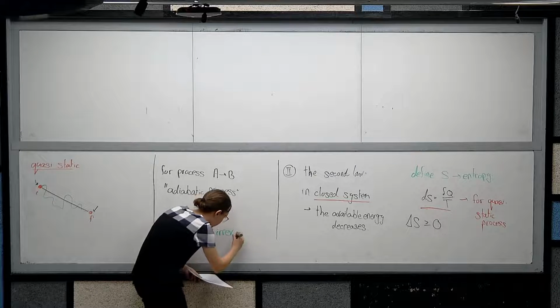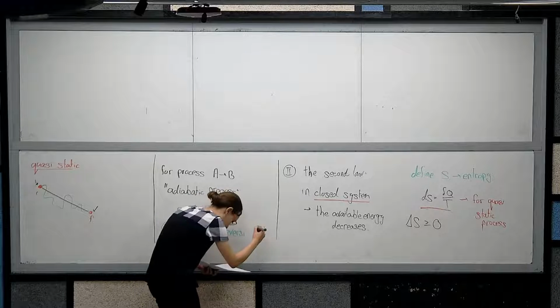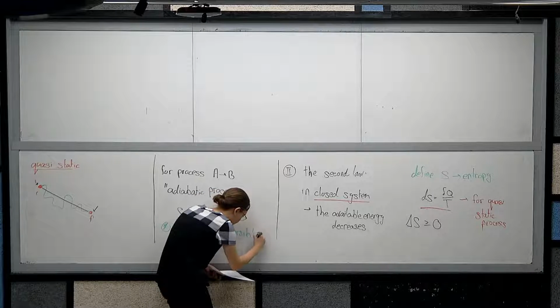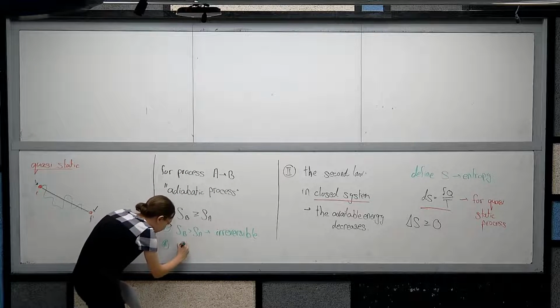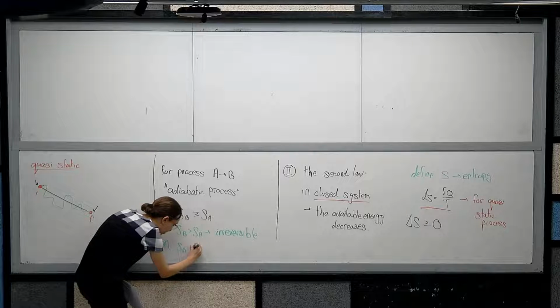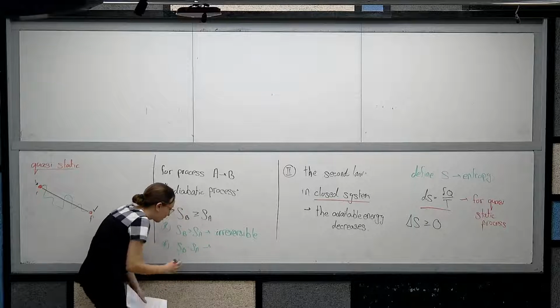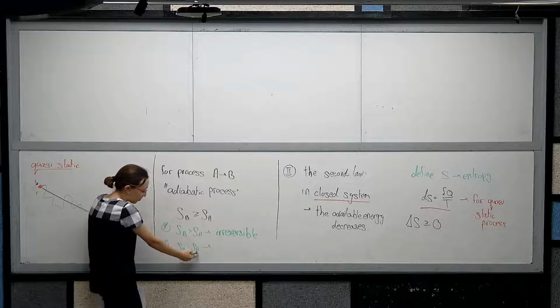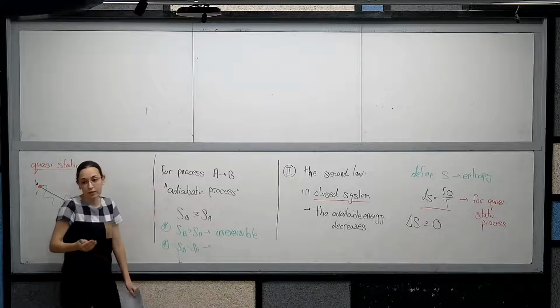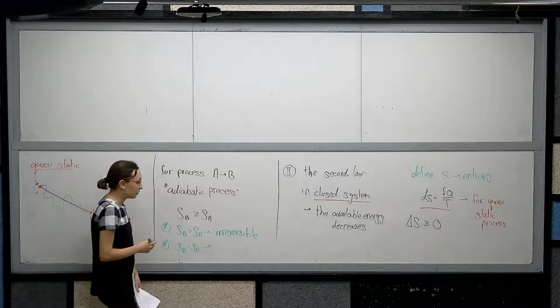So this is an irreversible process. And we have the second type, that's SB equals to SA. And then the process is reversible because we can go back from B to A because the entropy doesn't decrease.